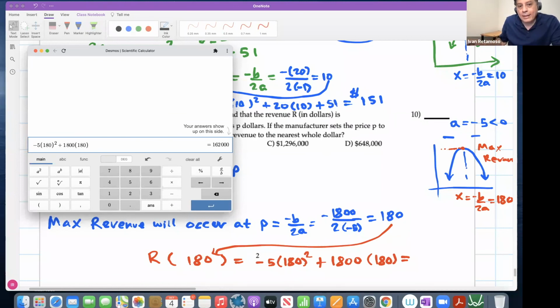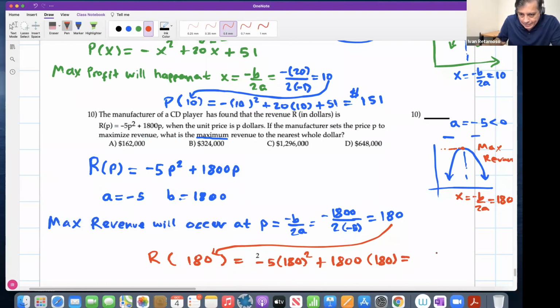Aha, I get 162,000, right? 162,000. Attach the units in the end, 162,000 dollars, right? Dollars for the maximum revenue. And that is here. All right, so this 162,000. Very good, guys.